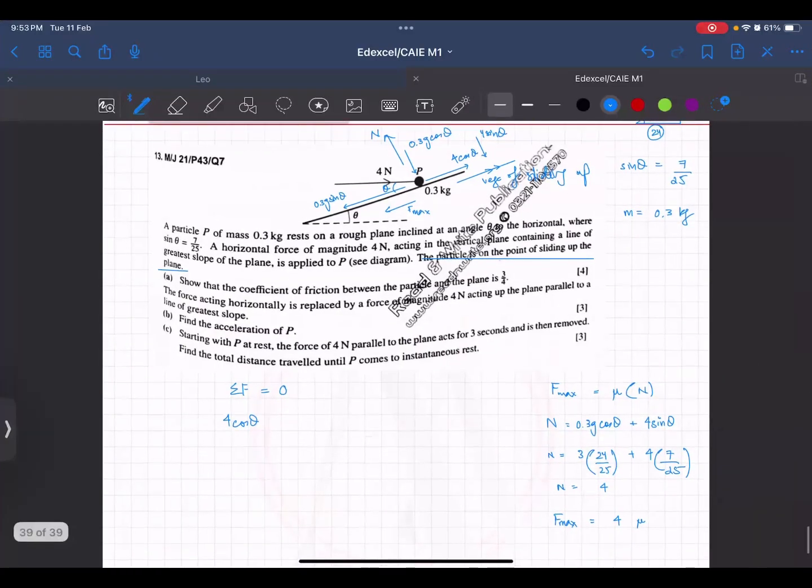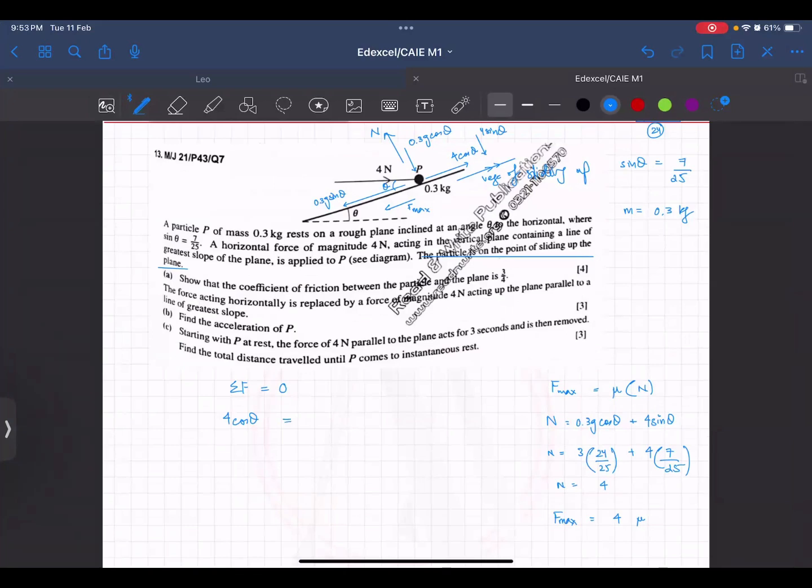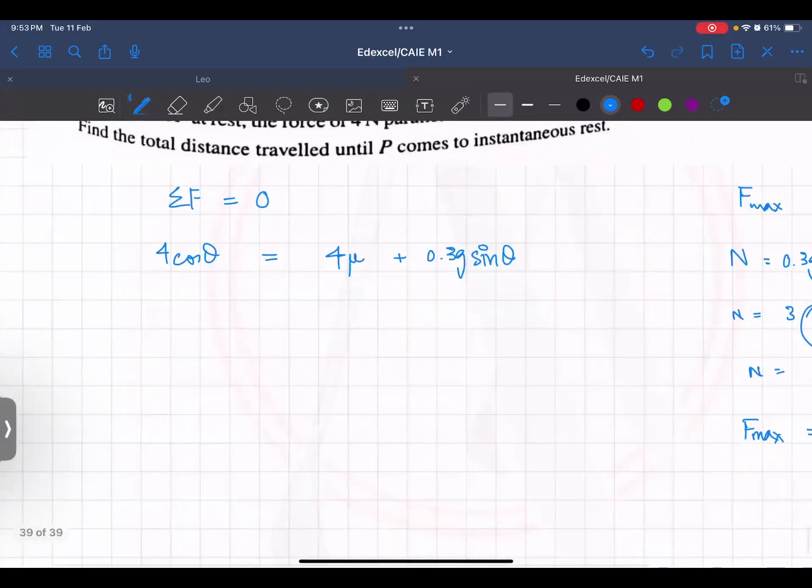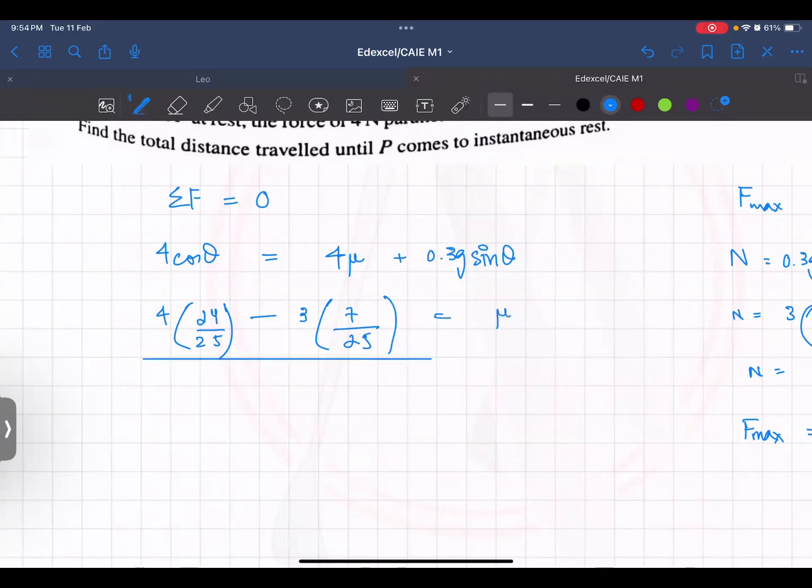So up the plane you have 4 cos theta, which equals, downwards, F max, which we know is 4 mu, and downwards the weight component 0.3 g sine theta. Anything else? Nothing else. So 4 times 24 over 25 minus 3 times 7 over 25 is equal to mu, and this whole thing divided by 4.